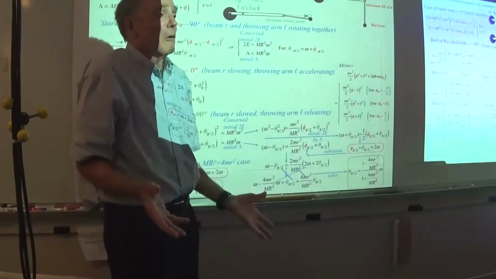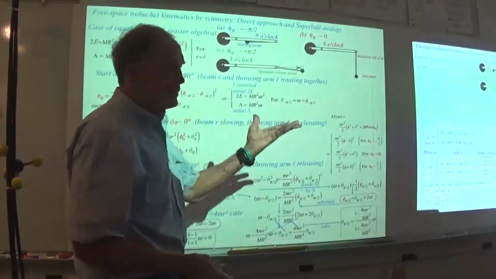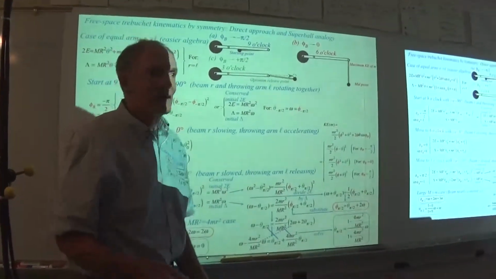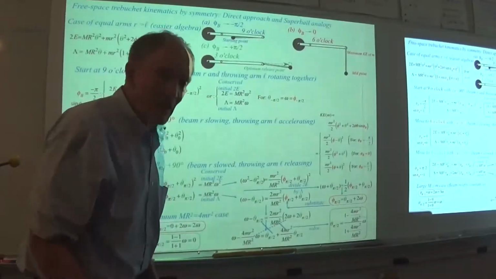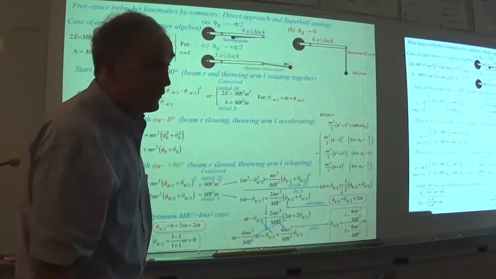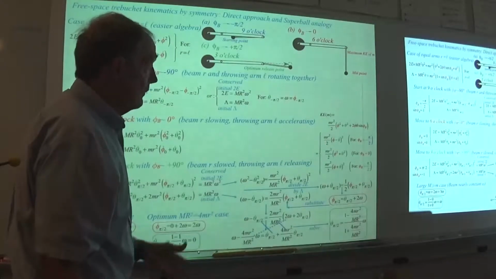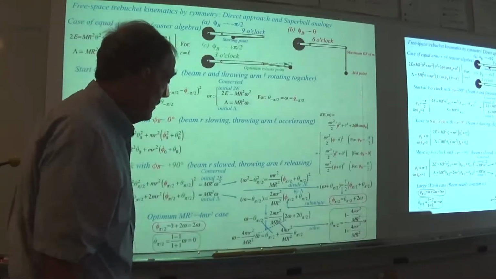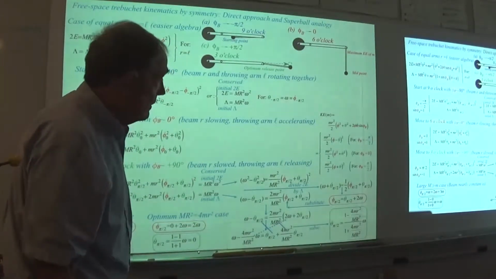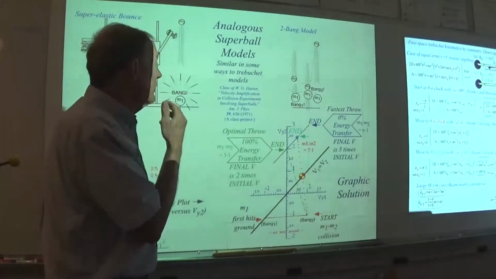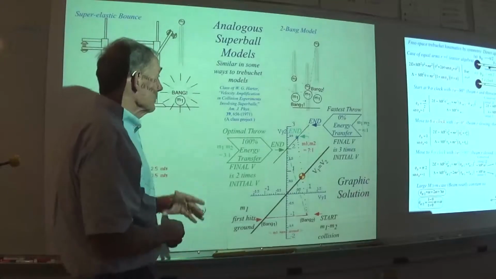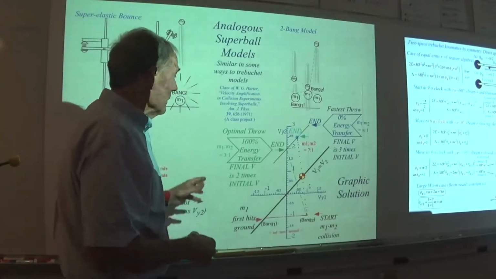They just did it experimentally. You don't see them doing all of this, but they did it, you know, seat of the pants. And that's where they got the 240 throw. And then it was just a matter of setting the angles to start the thing up. So that's the thing that I wanted to say. This is analogous to the Super Ball experiment, remember?